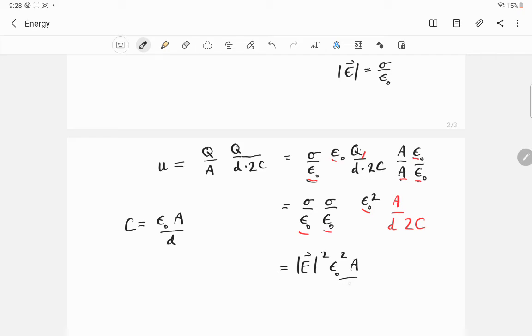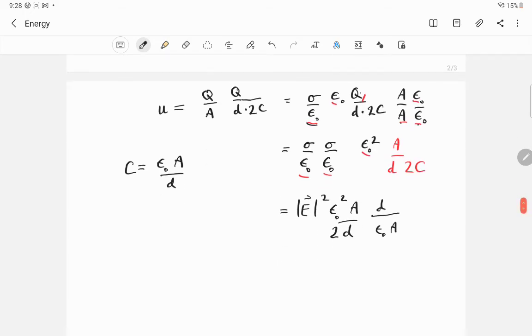I've got A over D, and then I've got a factor of 2, and then I've got C on the bottom, right? C on the bottom is the same thing as putting D on the top and epsilon naught A on the bottom. That's the C. So the expression looks like this now, and remember we're calculating this energy density. So the energy density now is the magnitude of the electric field squared.